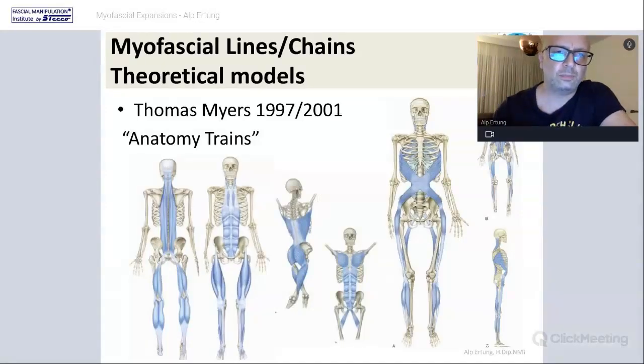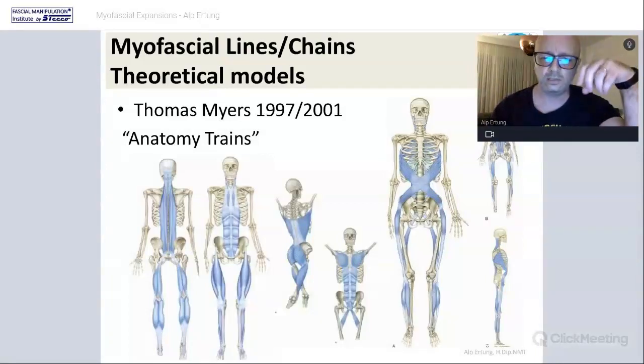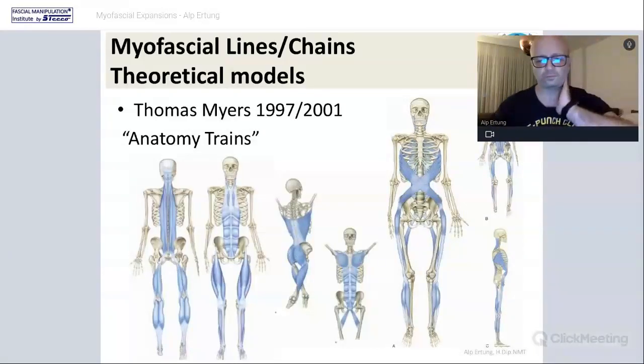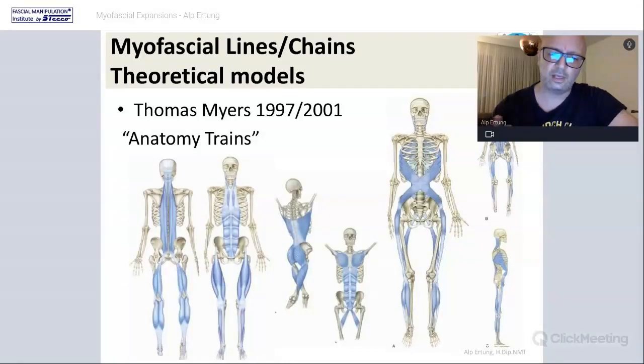And also Thomas Myers started in 1997, with an article at the beginning, and then he made this book, Anatomy Trains. The reason for all these approaches, all these theoretical models, to talk about the relationship between all these structures is probably to learn, to teach, to understand better the anatomical structures, the functional anatomy in the best way.